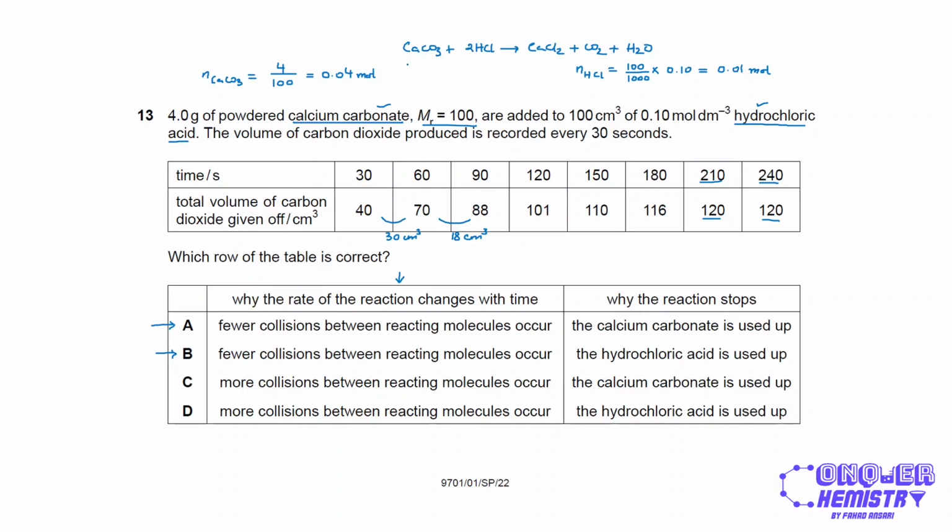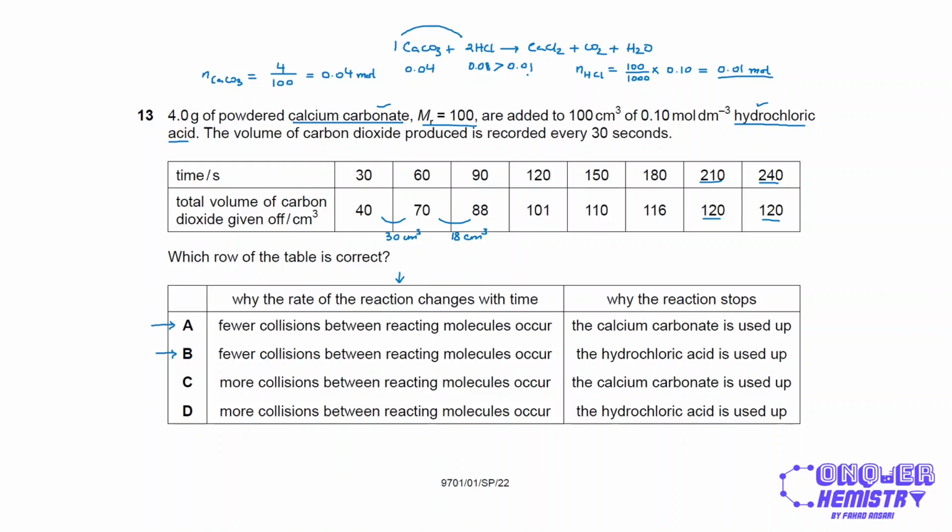So over here we have 0.04 moles of calcium carbonate. Now, according to the ratio, which is 1:2 for these two, if I have 0.04 moles, I should have twice that amount of HCl, which is 0.08. But in reality, I only have 0.01 moles by using volume times concentration. This is greater than the 0.01 that I actually have.